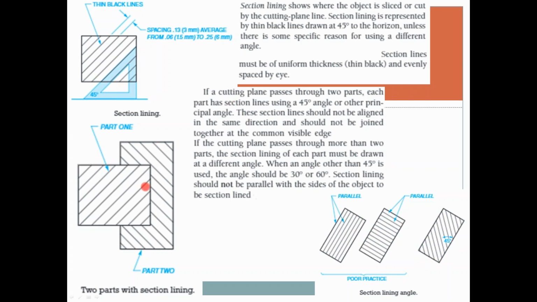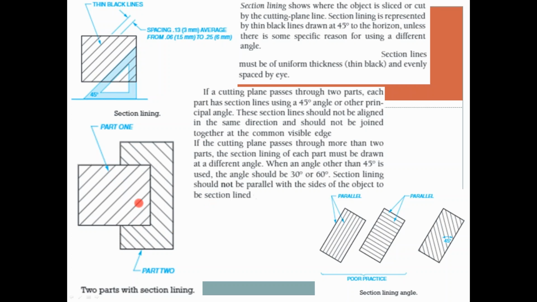If the cutting plane passes through two parts, then you have to show each part with two different angles. This one goes this way, the other goes the other way. This is to show you have more than one part. If the cutting plane passes through more than two parts, then the section lines in each part must be drawn at different angles.